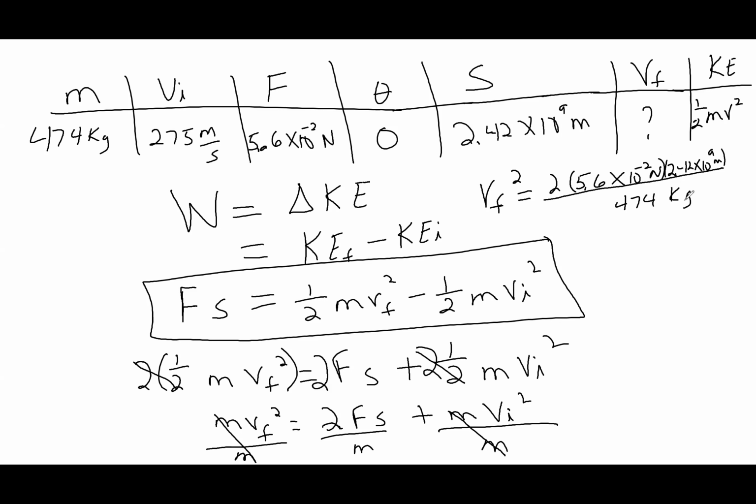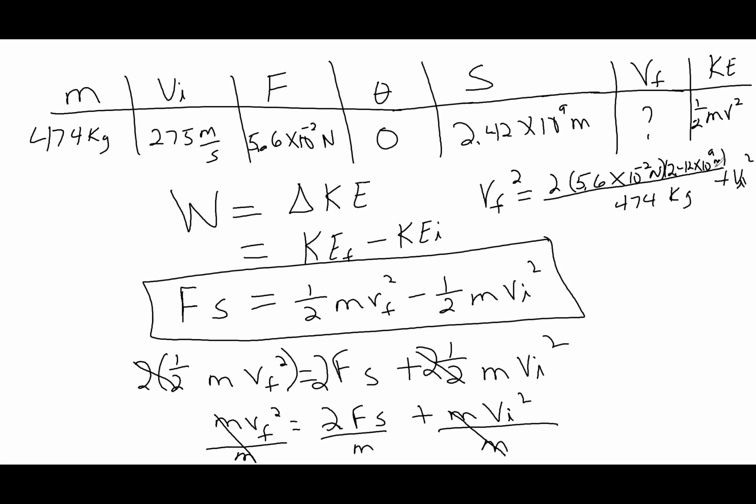So let's do that part of the number first. So we have 2 times 5.6 times 2.42 divided by 474. Let's do that part first, and then we'll add the V initial squared.